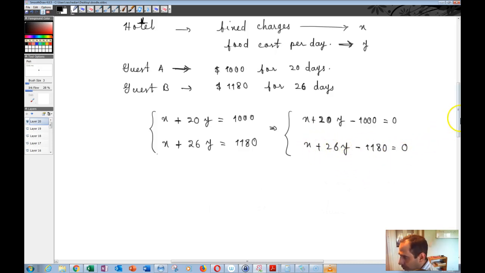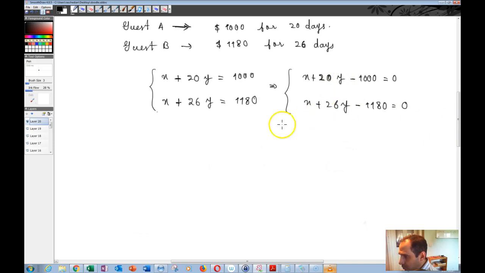Based on this, you can write x, y, and 1, and here b, c, a, b.